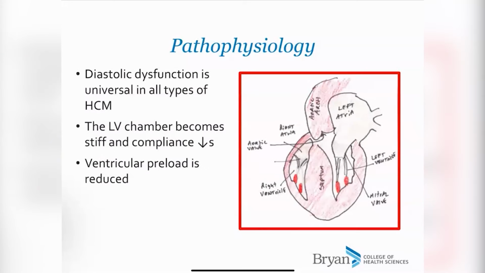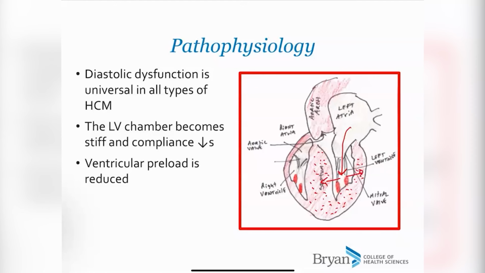Diastolic dysfunction is also universal in all types of hypertrophic cardiomyopathy. As I discussed earlier, when the myocytes are laid down genetically, there's interstitial fibrosis laid down within the myocardium itself. What that means is when filling happens from the left atrium into the left ventricle, it makes stretching of the ventricle much more difficult.